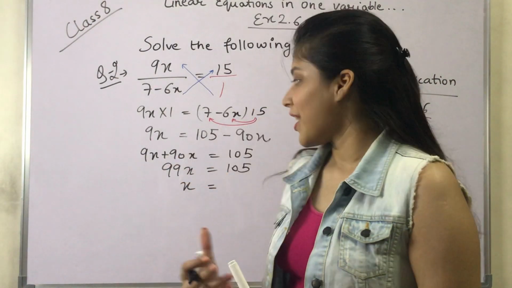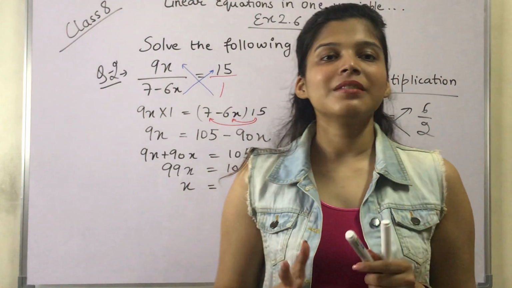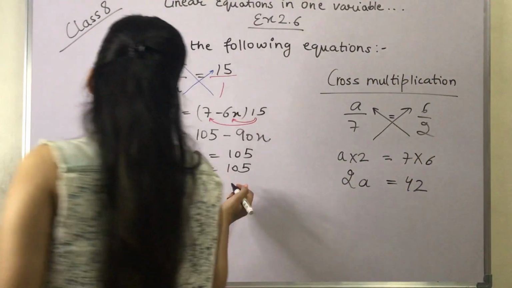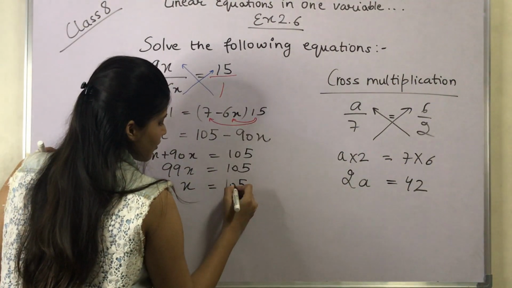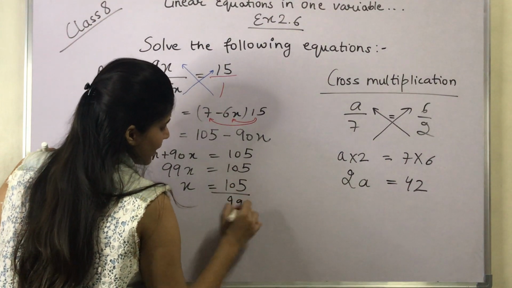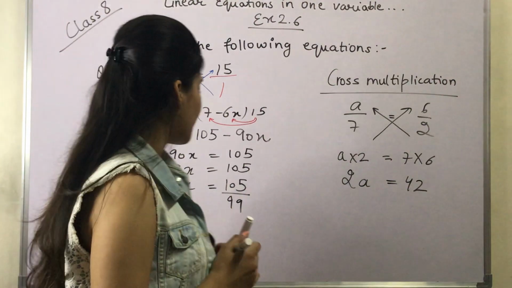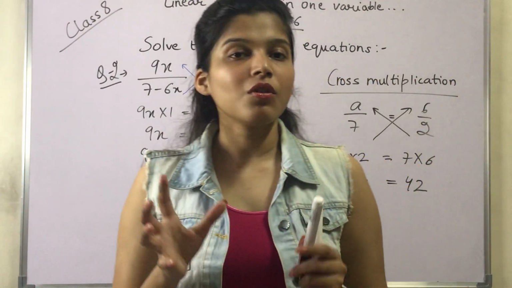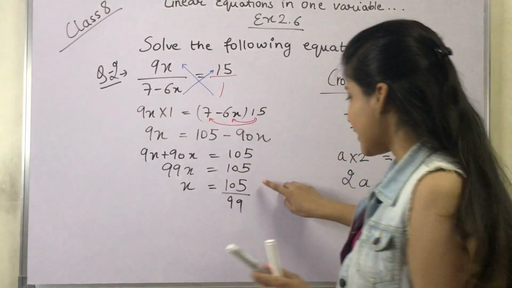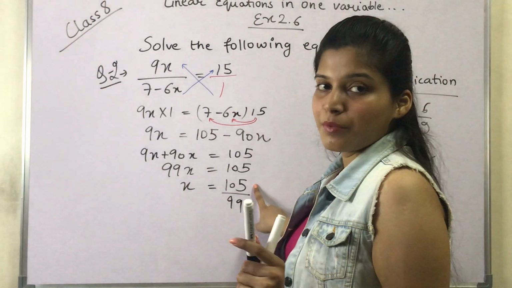So when it is transposed to the RHS, it will be in division with 105. So x equals 105 upon 99. Now 105 is a multiple of 3 because 1 plus 0 plus 5 is 6, and 6 is a multiple of 3.